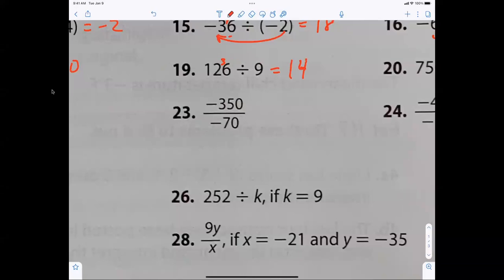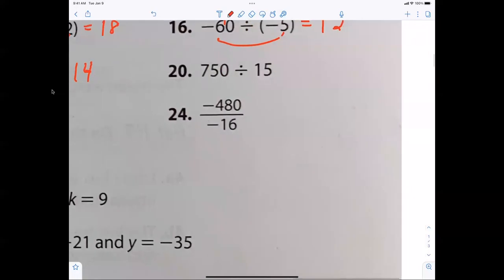All right, that's how I'm hoping you're doing the division. It's so much nicer if you see that mentally. All right, here we go. Thank you. 20. Now look, I want you to write 750 divided by 15. So obviously we can divide by what? What goes into both of those numbers? Yes. So here we go. How many times does 5 go into 15?